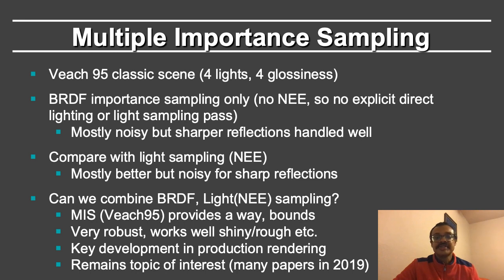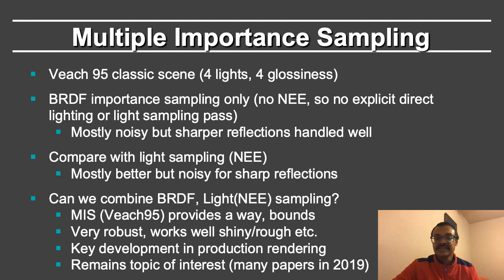They introduced this classic scene which has 4 lights of increasing sizes from left to right and 4 materials of increasing glossiness from bottom to top. You consider BRDF importance sampling only, no next event estimation, so no explicit direct lighting or light sampling paths.